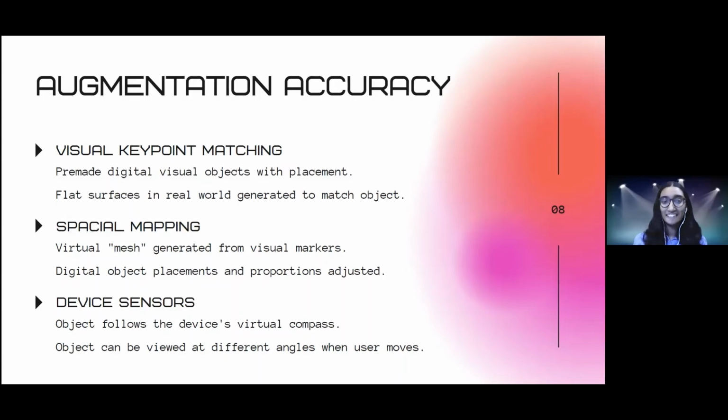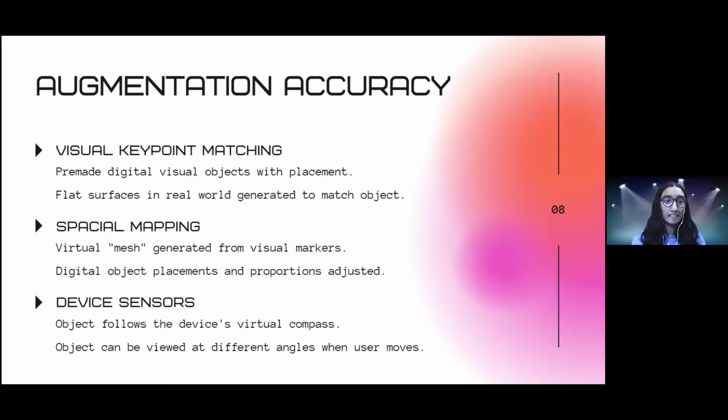The last technique is device sensors. This technique is vital for all augmented reality softwares because it ensures the accuracy of the movement of the augmentation based on where the user is going. So how this works is the object is anchored onto the device's virtual compass, which is also known as the accelerometer.